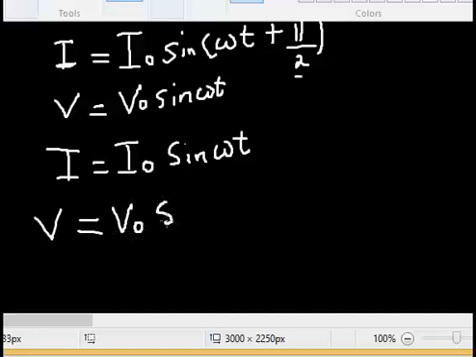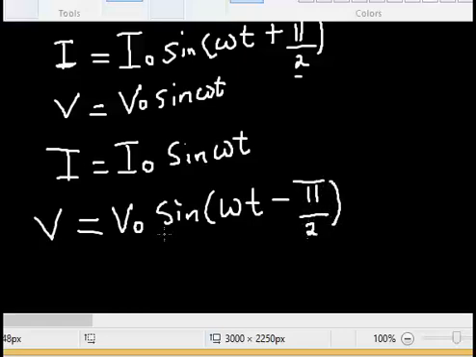That's V0 sine omega t, then minus pi all over 2. This shows that the voltage lags behind the current by 90 degrees. I hope that is well understood.